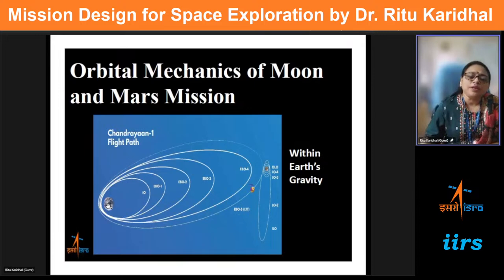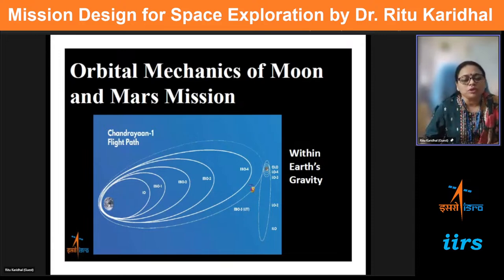In any problem when we study physics or orbital mechanics, we have to see what the main central body is and what the secondary bodies are. Here we have Earth as the main body, and the satellite, which is going to revolve around the Earth, is a secondary body. So this becomes a two-body problem.